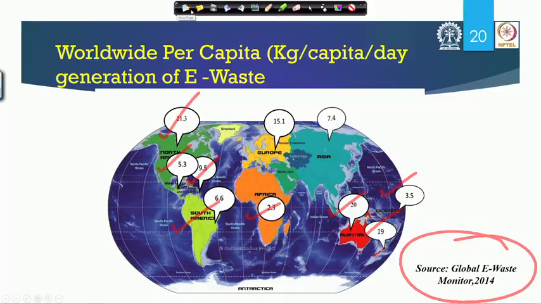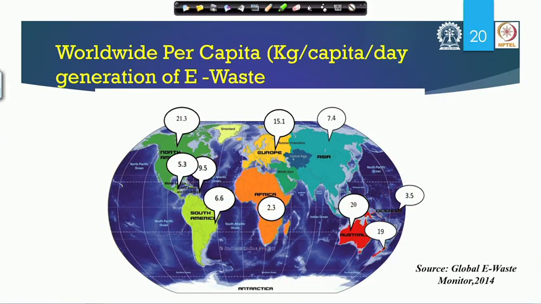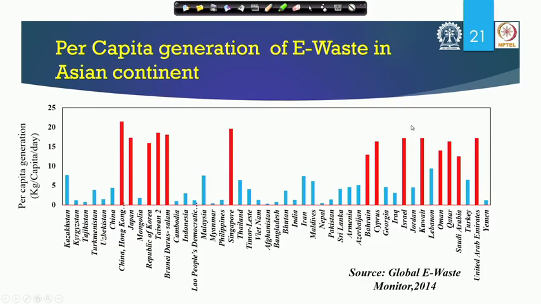And much of this e-waste from these countries also travels to countries like India, China, Africa, and other places. Lots of countries in Africa and other places. So we need a global overview of where the waste is being produced, and then we'll talk about how this waste is being managed in a little while.